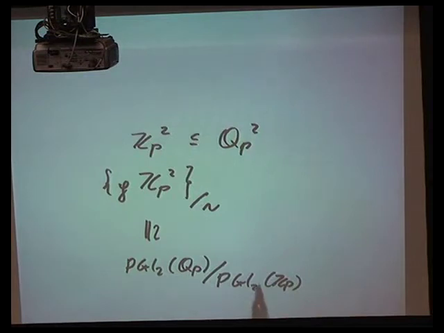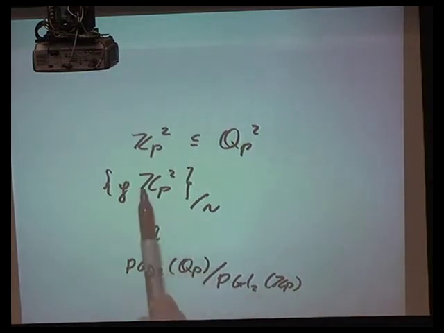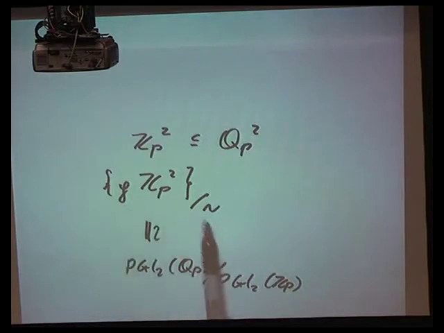Right, because PGL2CP is the stabilizer of CP squared when we let the element g in PGL2QP act on it. No surprise there, and I'm considering these subgroups up to homothety equivalences, so that's why I have all these p's there.